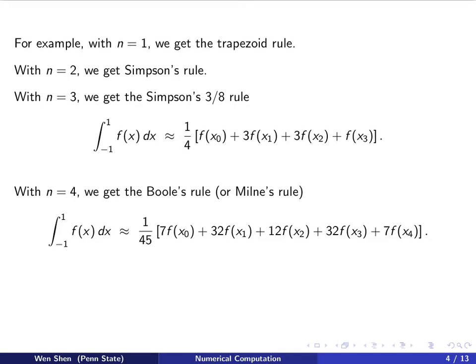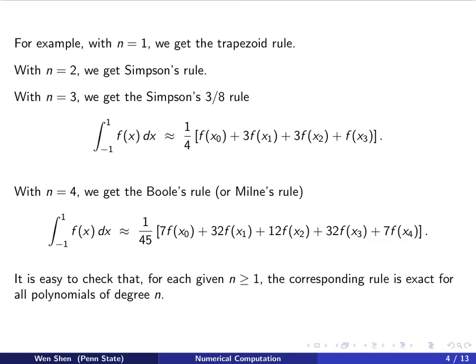We do notice that there's some symmetry which could simplify your computation. The midpoint is here, and the coefficients are symmetric on the left and right of it, so both are 32 over 45, and if you take 1 point apart, then it's 7 over 45.